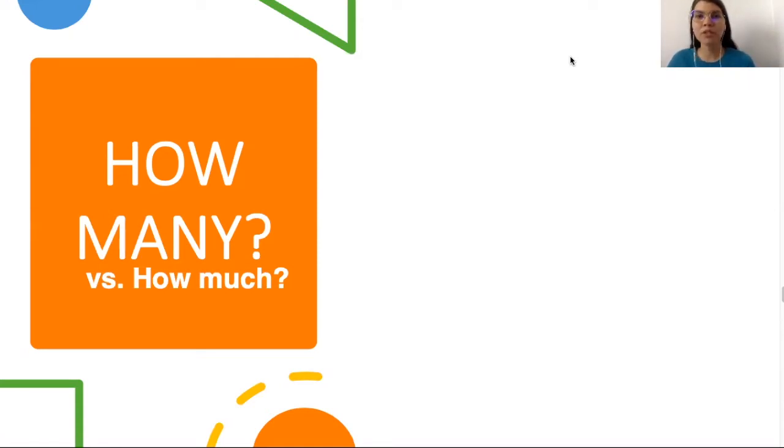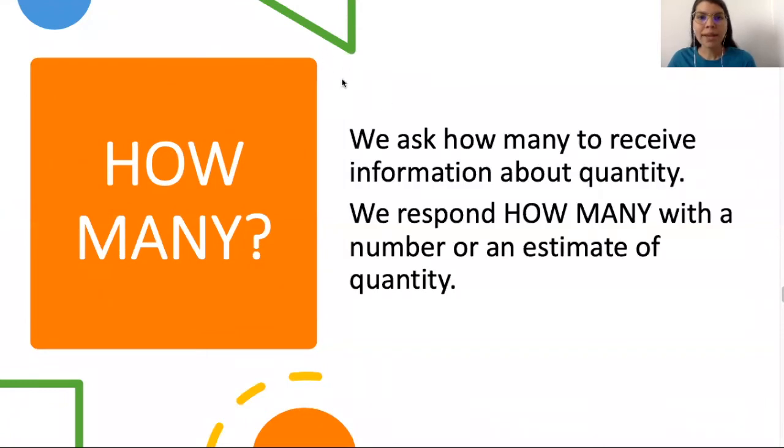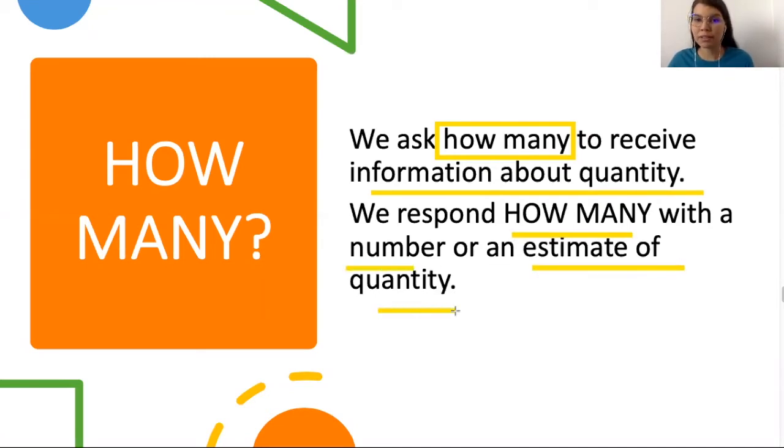Today we are going to look at how many versus how much. So let's begin. We ask how many to receive information about quantity. We respond how many with a number or an estimate of quantity.